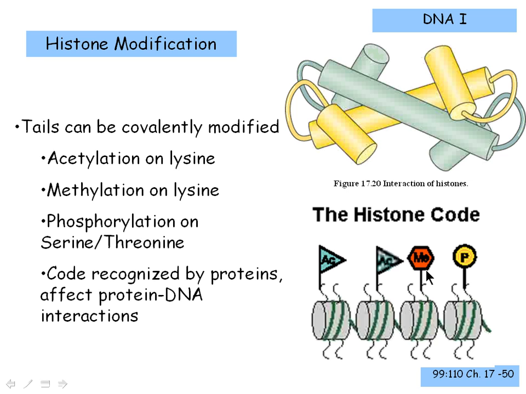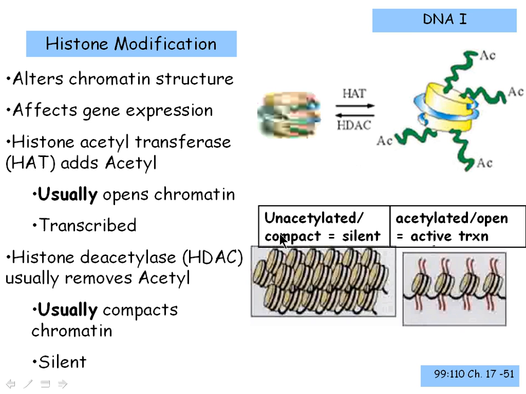Methylation is identified by the chromo domain of different proteins. However, it's a very controversial thing in the field right now because we don't know if there actually is a code. Many people think there is a specific code, that whenever you acetylate something, it's easily transcribed. However, there are a lot of instances where this isn't true. So it's a very controversial thing right now.